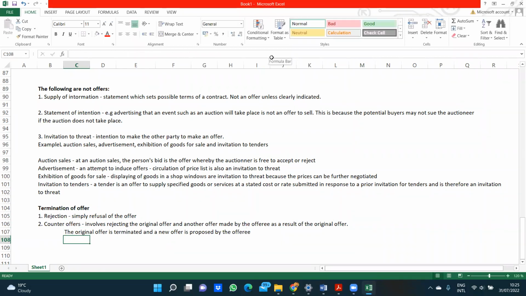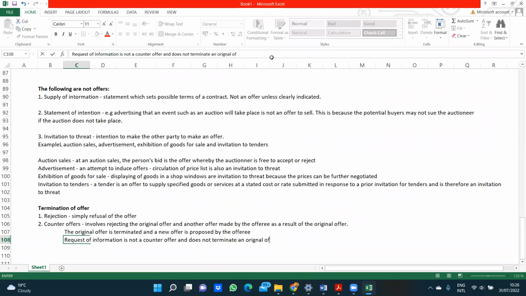Request of information is not a counter offer and does not terminate an original offer.